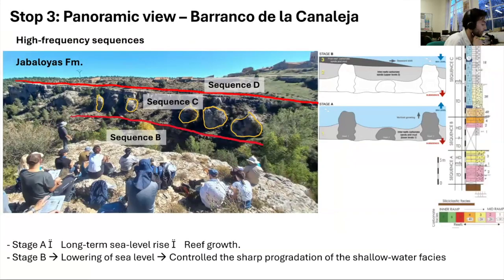Stop 3, we undertook a panoramic interpretation, again of the same unit at a slightly different place.